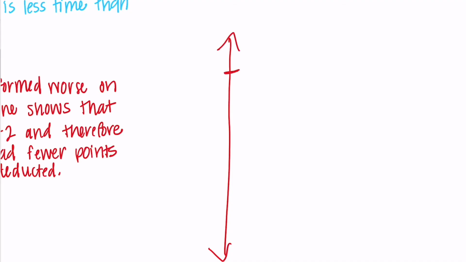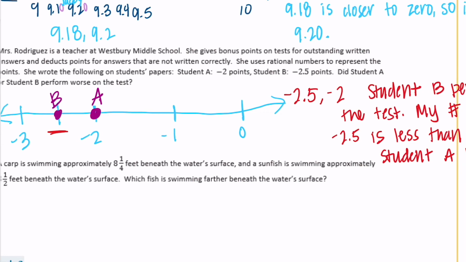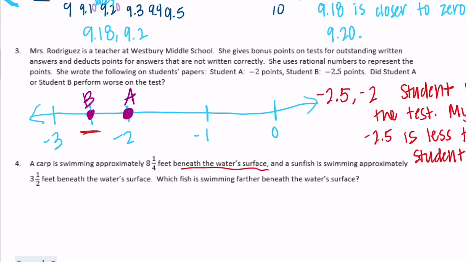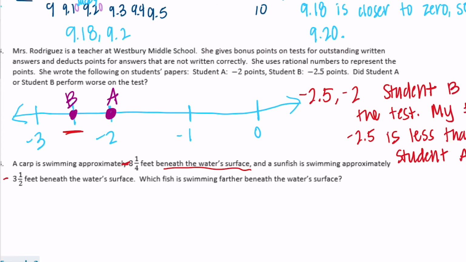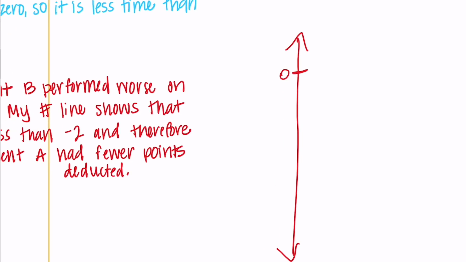I'll put 0 up here because we're talking about beneath the water surface. So these are going to be negative because we're talking about under the water. So I'm going to do 1, 2, 3, 4, 5, 6, 7, 8, negative 1, negative. I'm going to do my labels.